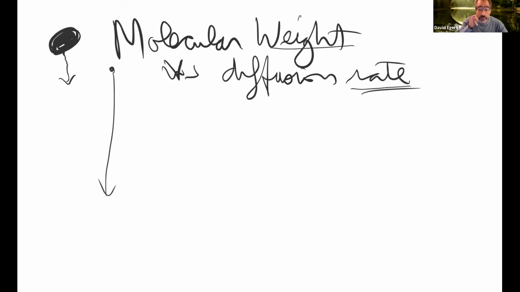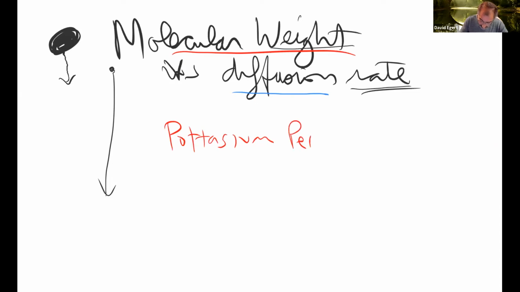For the lab, we're going to use two things that are also kind of pretty colors that have different weights. We're going to use potassium permanganate and methylene blue.